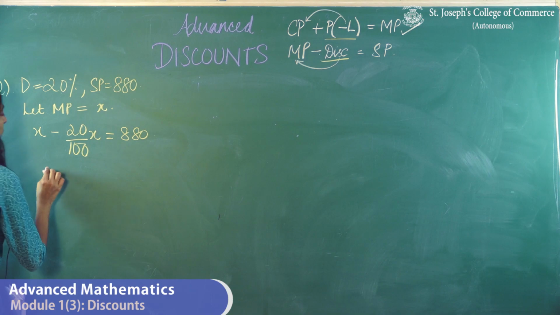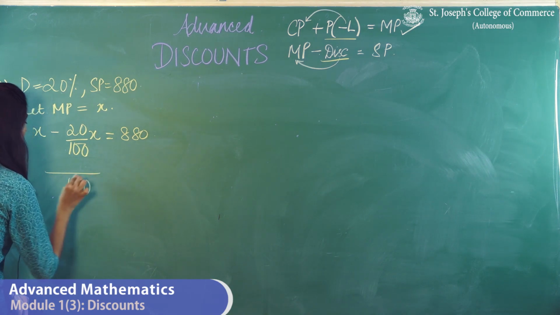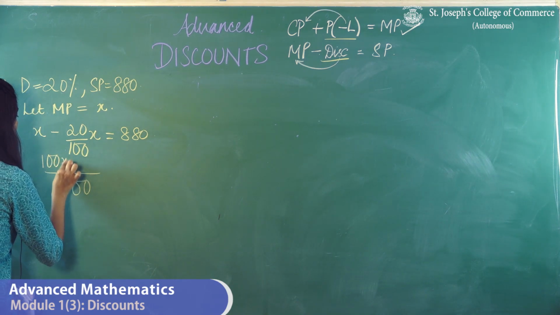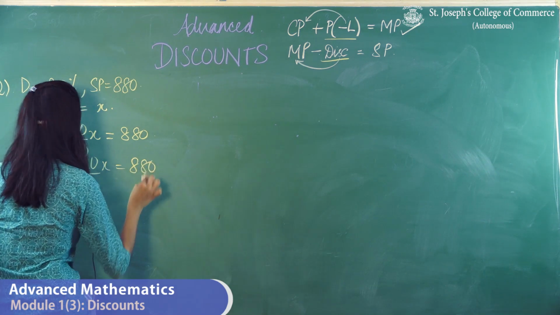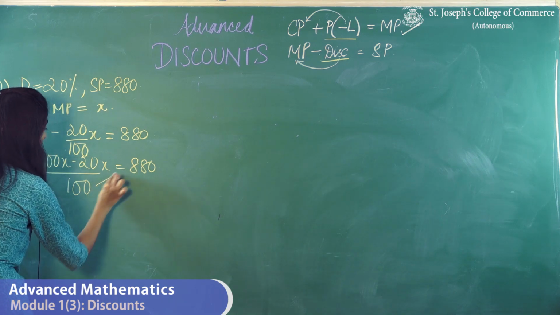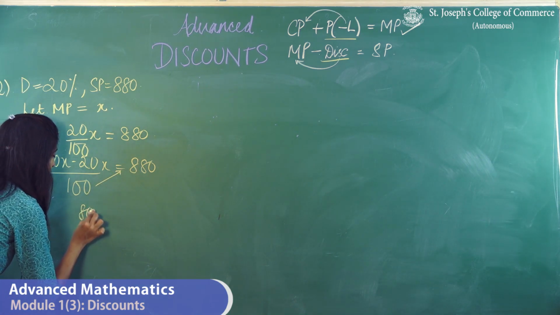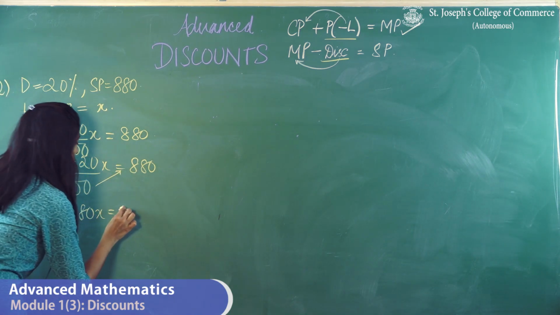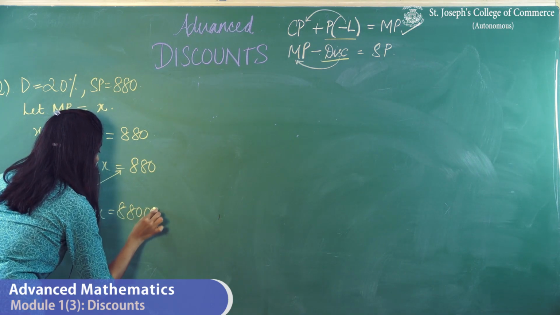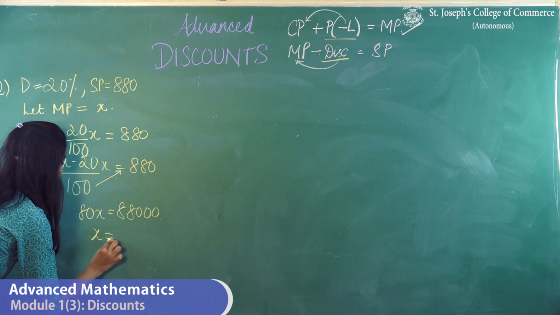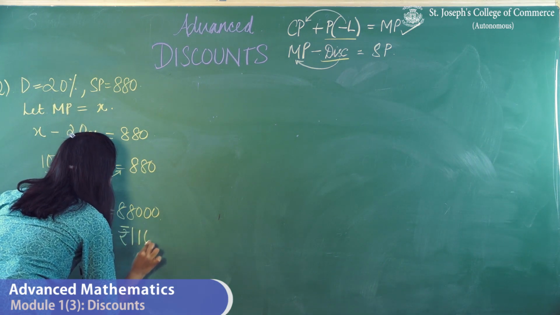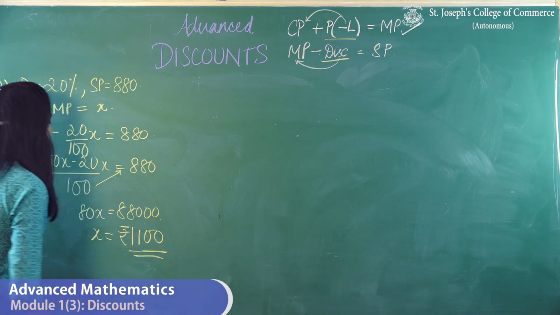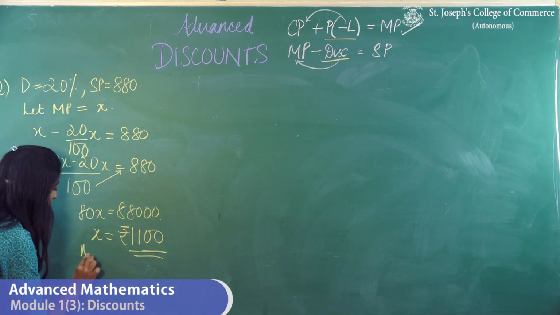When I take the LCM as 100, I get 100x minus 20x is equal to 880. Taking 100 to the other side, I get 80x is equal to 88,000. Therefore, x is equal to 1100. This x is the marked price.